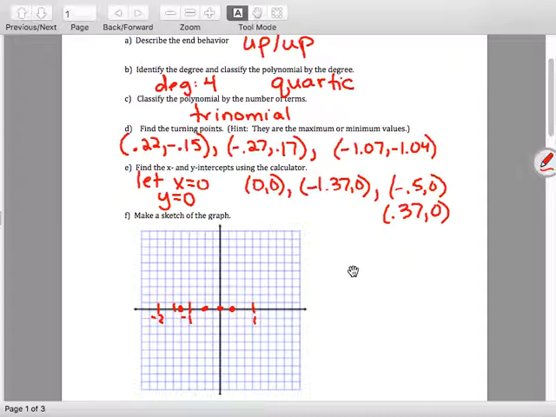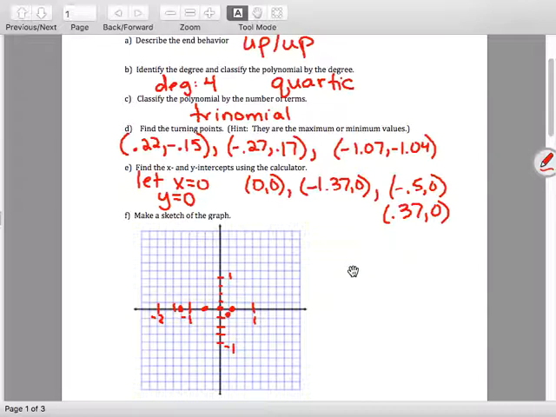I know it's coming up from the top, it's going to do some wiggles, and it's going to go back up to the top. That's my end behavior. Now, let's get our turning points in here. Let's go down 1 and up 1. Here's 0.22 and down 0.15. I'm just estimating.